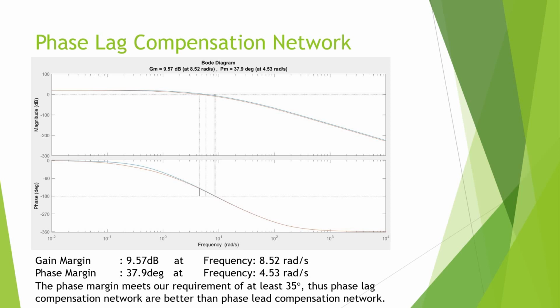The phase margin meets our requirement of at least 35 degrees. Thus, the phase lag compensation network is better than the phase lead compensation network.